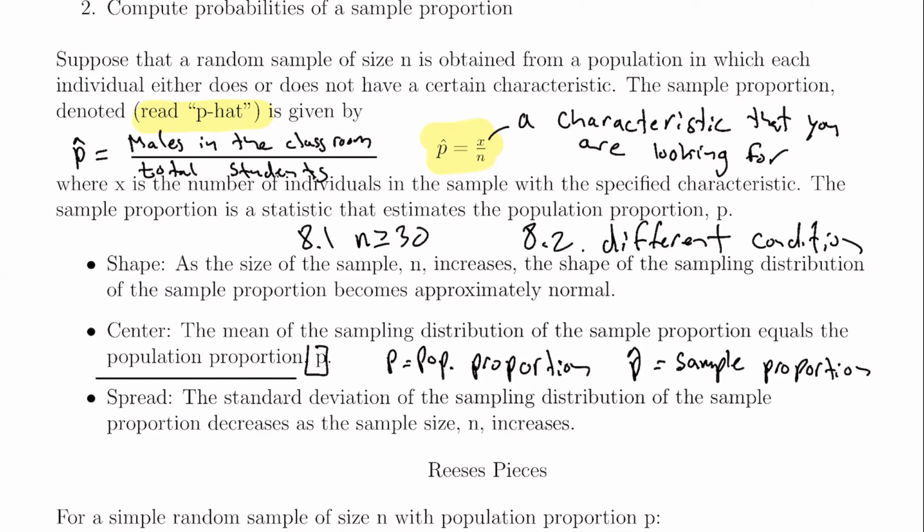A sample size of 100 should give you a more accurate reading than a sample size of 1, which should give you a less accurate reading. That's it for those three bullet points. Any question in regard to any of them?